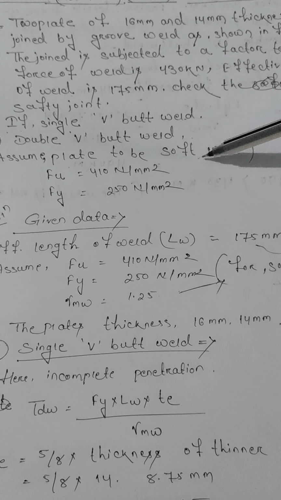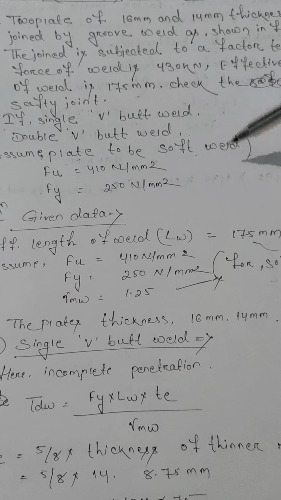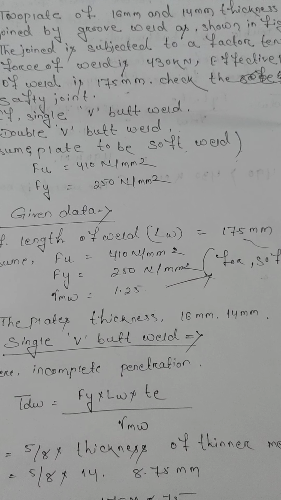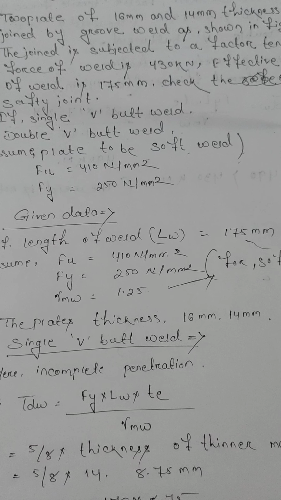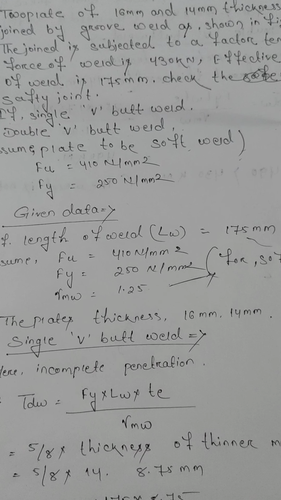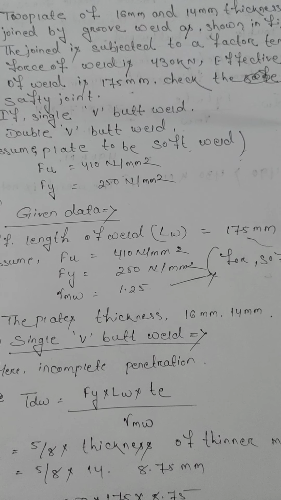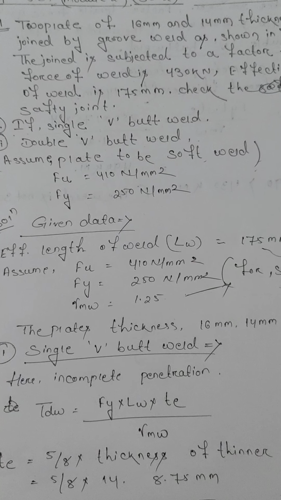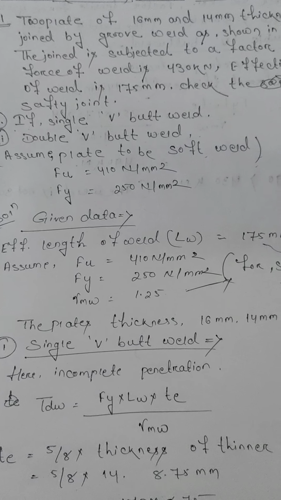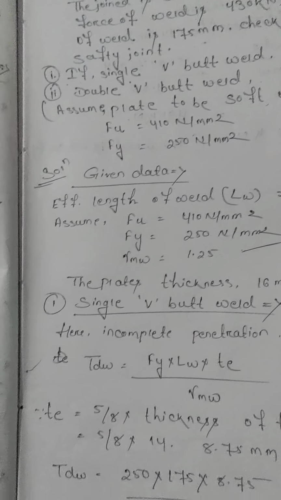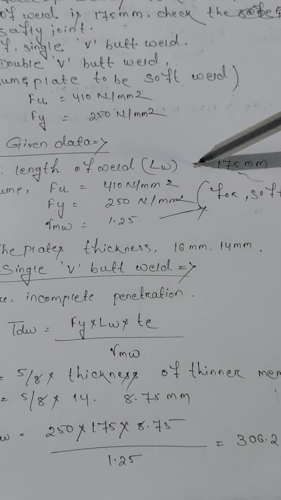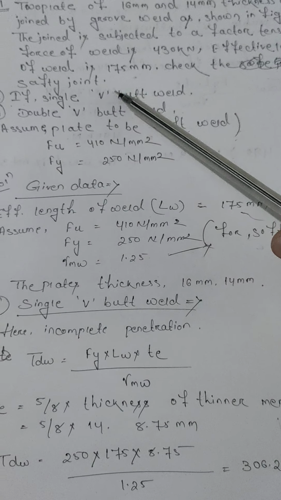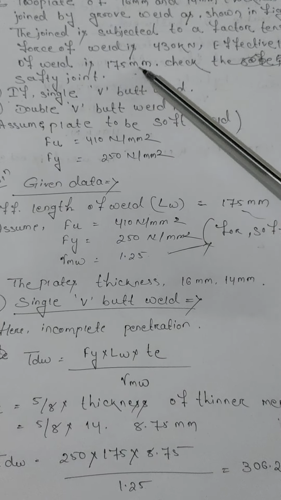Assume both are shop welds, so gamma M0 and gamma MW equal 1.25. Fu equals 410 Newton per mm square and Fy equals 250 Newton per mm square. Solution: the effective length of the weld LW is 175 mm.